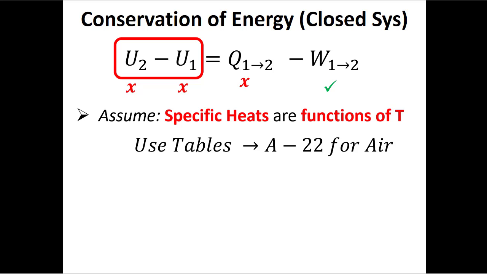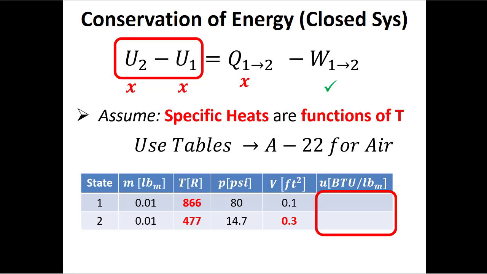And if specific heat is changing with temperature, I can't use Cv times delta T without doing some calculus. So instead, I'm going to look up specific internal energies on table A-22. Now in this case, because we're using imperial units, we're going to use table A-22E. E is for English units.